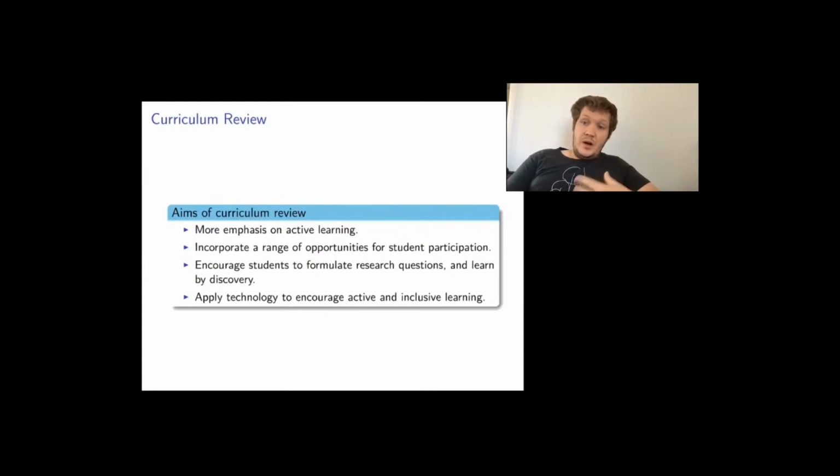So to use online resources and take advantage of, for example, the ability to simulate data very easily so that students are perhaps more engaged than they might have been just seeing something on paper. So those are the aims of the curriculum review for the college. At Imperial, we're thinking about all science subjects, engineering, medicine, but it does have implications for maths, and it helps us to think about the strengths and weaknesses of the mathematics offering.